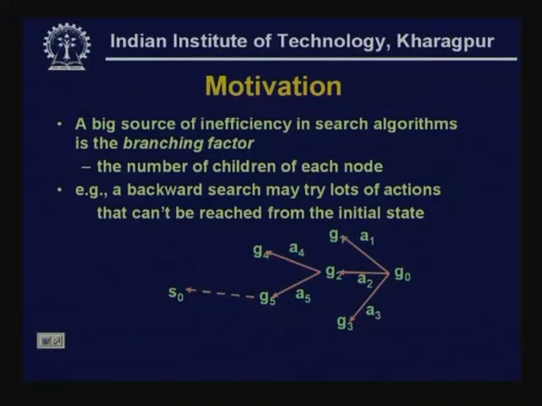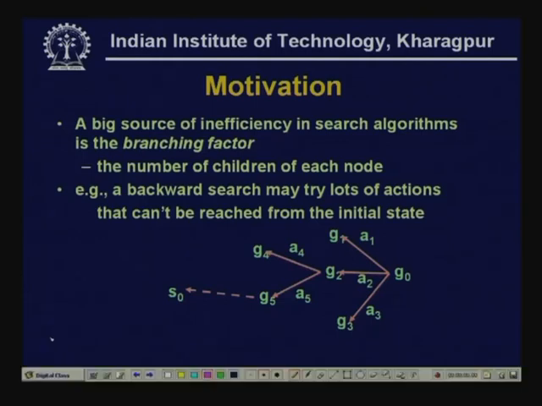Okay, so let us come to the motivation of today's class. As you have noted, a big source of inefficiency in search algorithms is because of the branching factor. If you are talking about either forward search or backward search, what makes search algorithms expensive is the branching factor.